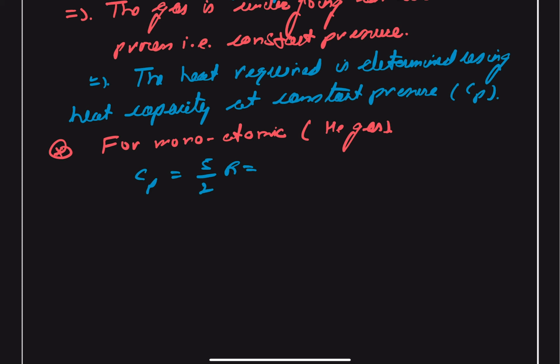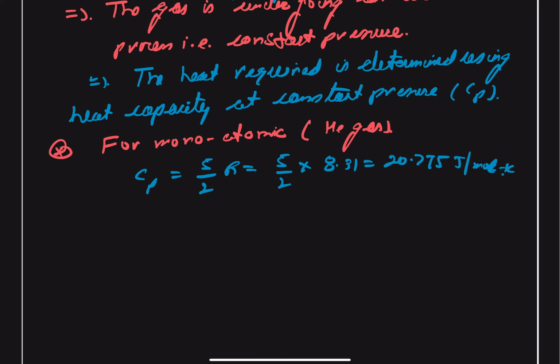So we can write this as 5 by 2 times 8.31, which comes as 20.775 joules per mole Kelvin.